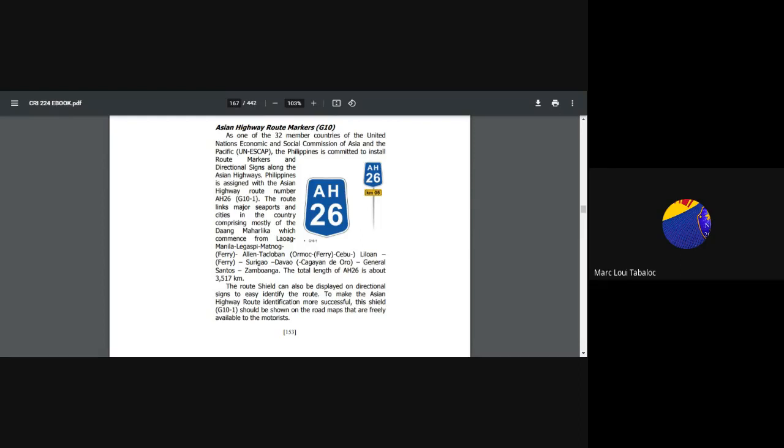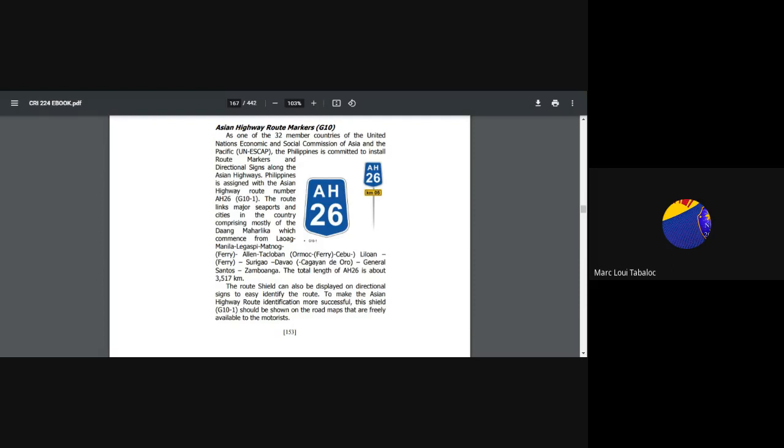That is from Laoag, Manila, Legazpi to Matnog in Albay. Then it connects through ferry from Allen, I think in Samar, to Tacloban, then Ormoc, and areas in Central Visayas. Then from Surigao to Davao, Surigao to Cagayan de Oro, and General Santos to Zamboanga routes.